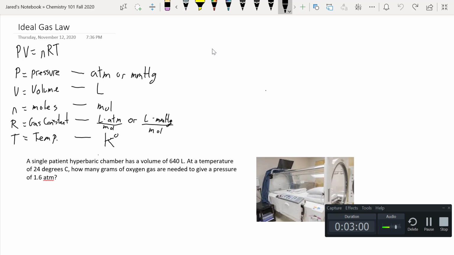So, for example, if we wanted to solve for pressure, we have PV equals nRT.